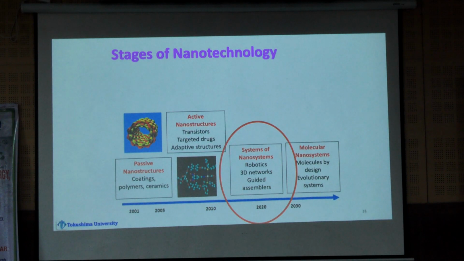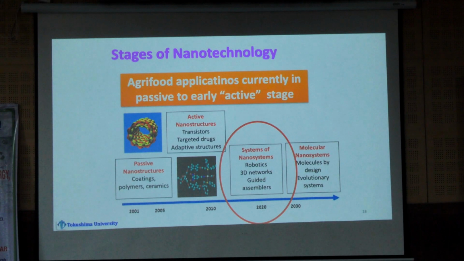Molecular nanosystem means where we are controlling the atom. If we control the atom, this means we are able to create the molecule system. So if we succeed in controlling the molecule, then we will be able to make smaller devices.